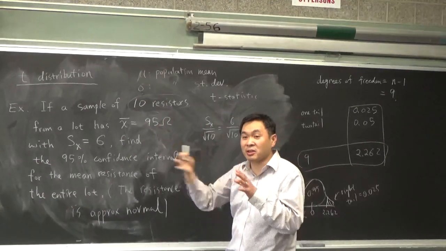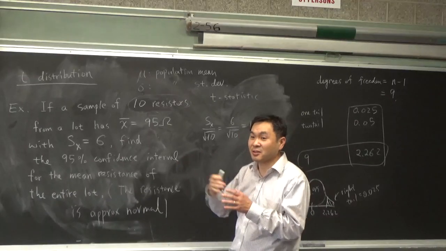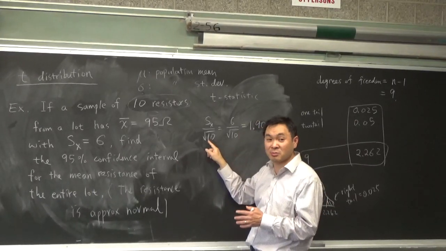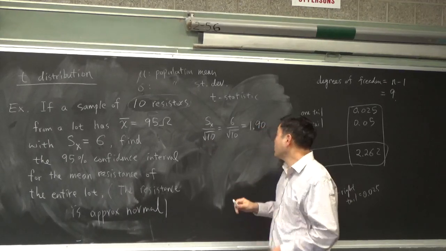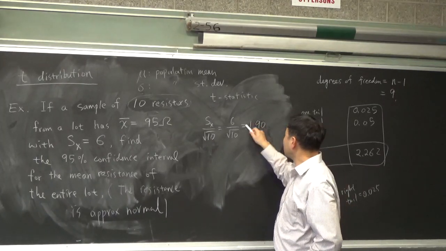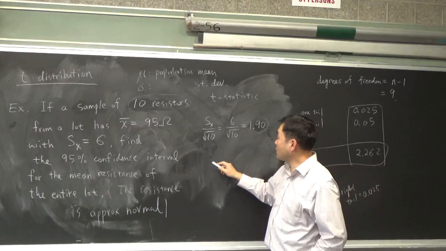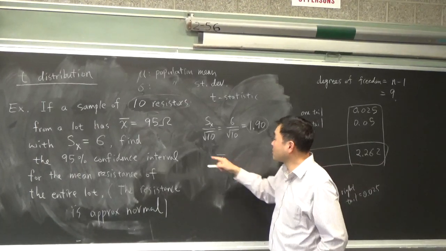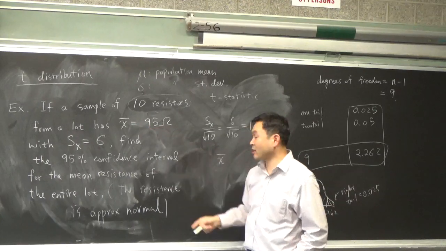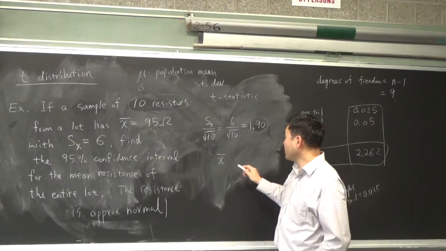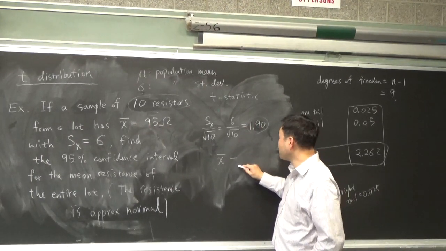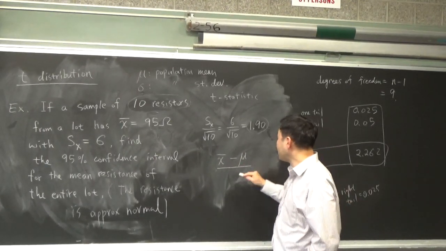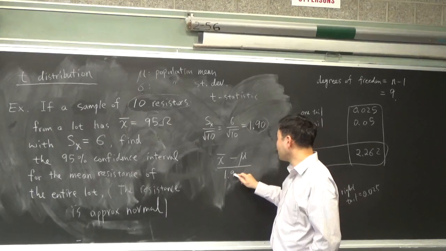If you take the average, they vary less, right? Their variance decreases by square. Their standard deviation decreases by square root of n. Okay, and then you use this to now normalize. So if you have this x bar, that's my average that I just took, subtract from it the hypothetical mu that we don't know, and divide it by 1.90.